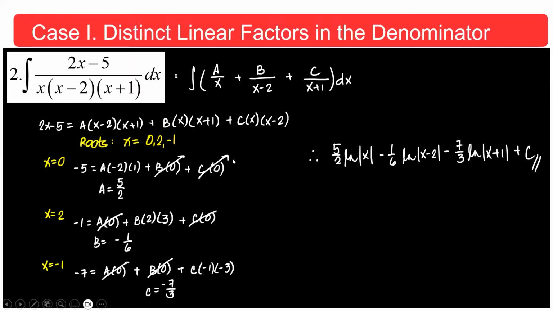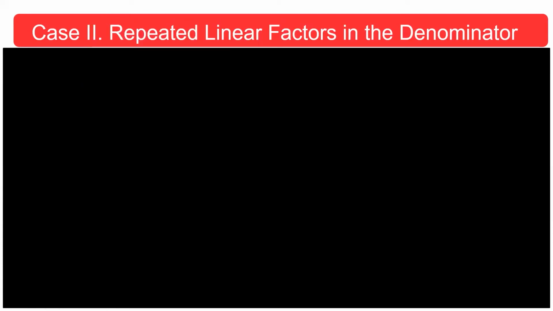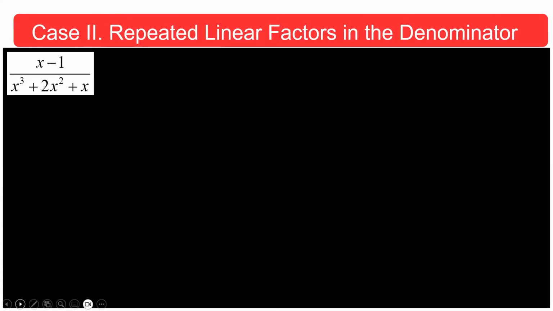All right. So again, case number one, it's always ln. No matter what we do, it's always going to be ln. Nothing more than ln. Let's go to case number two, repeated linear factors.